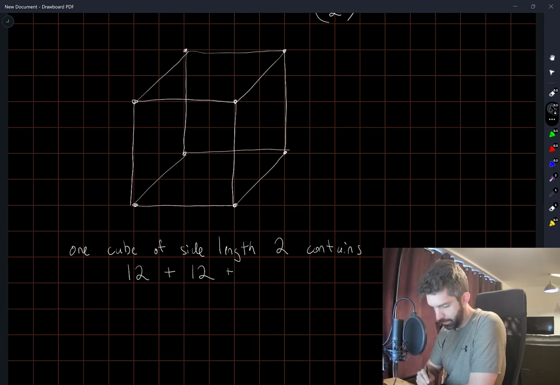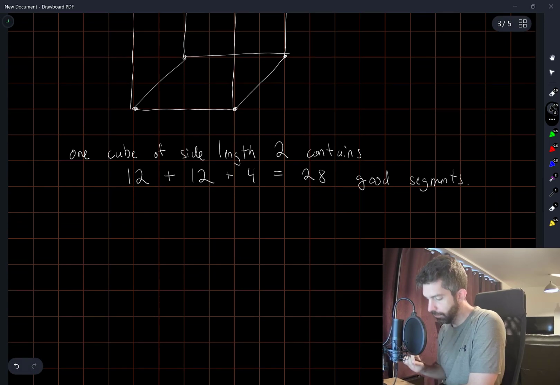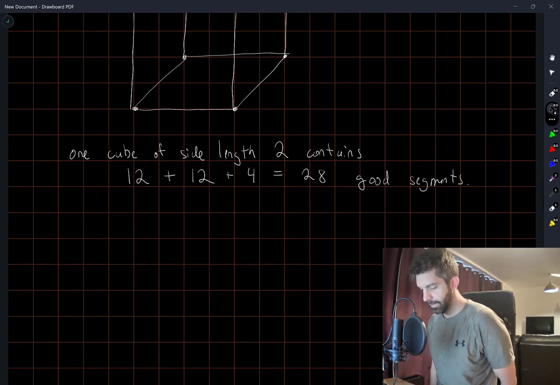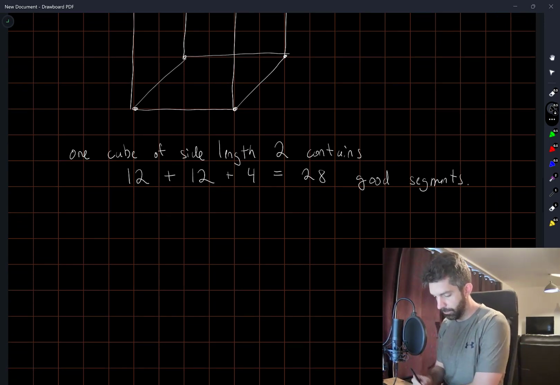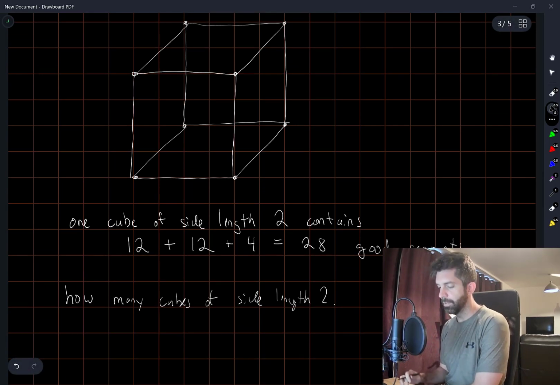And I don't know what the term is, I'm going to call it a body diagonal. There are 4 body diagonals that connect completely opposing corners, right? So what is this? 24, 28. So one cube of side length 2 contains 28 good segments.